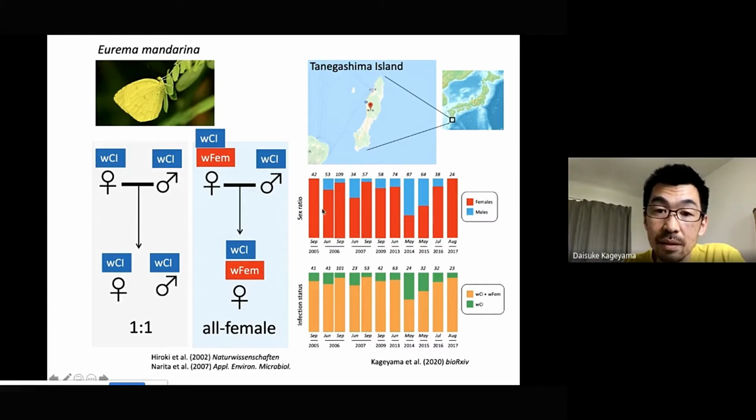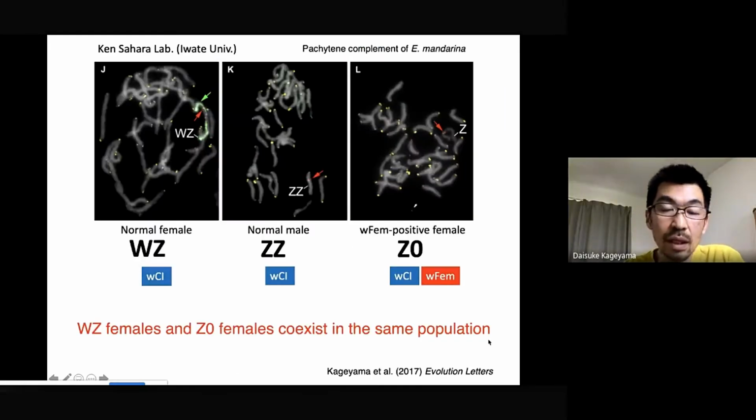In the graph on the bottom, you can see the proportion among females that are double infected, I mean the all-female-producing ones, or non-normal females. The trends are quite similar to the sex ratio.